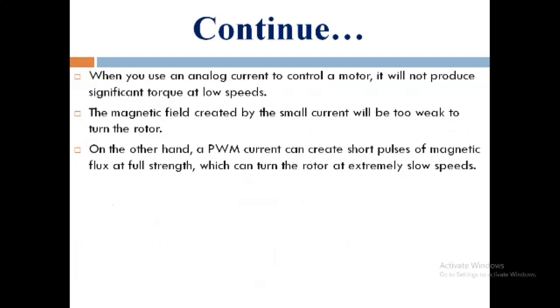When you use an analog current to control a motor, it will not produce significant torque at low speeds. The magnetic field created by the small current will be too weak to turn the rotor. On the other hand, a PWM current can create short pulses of magnetic flux at full strength, which can turn the rotor at extremely slow speeds.